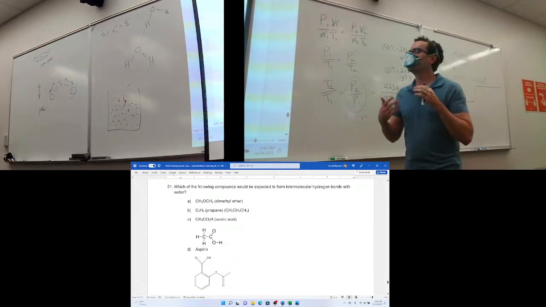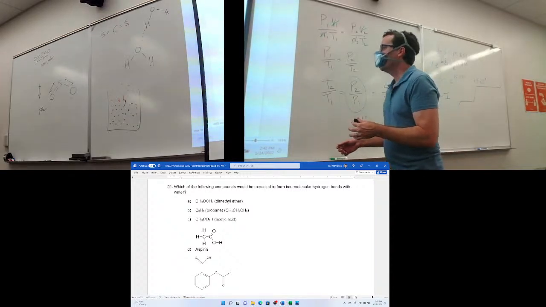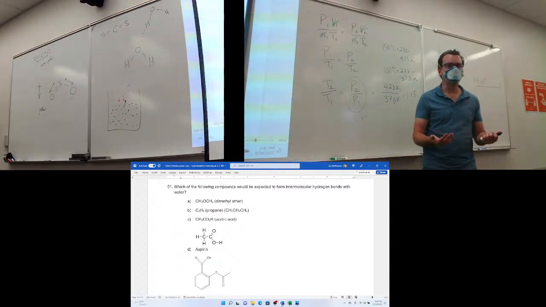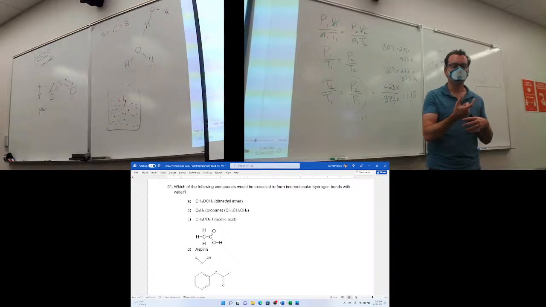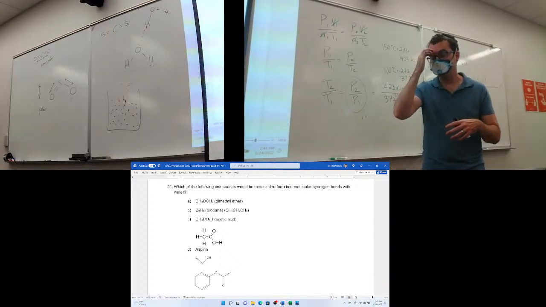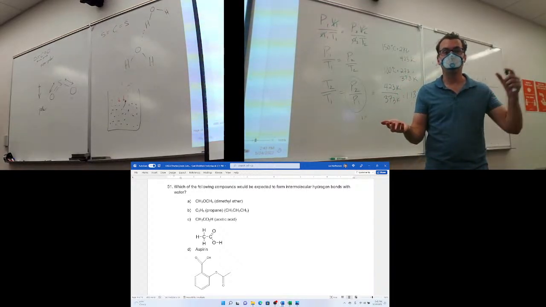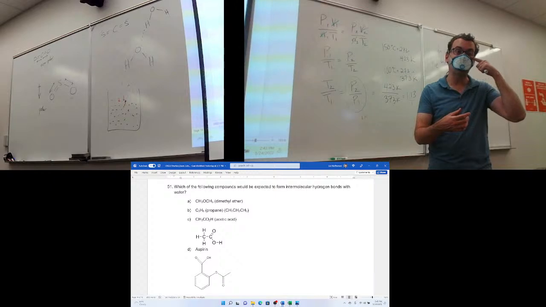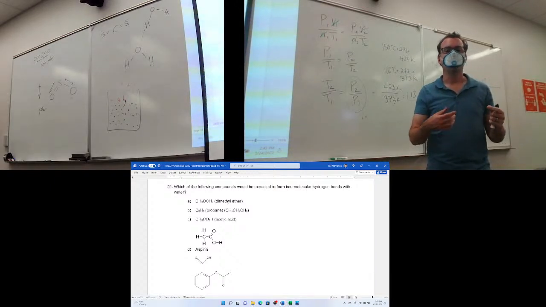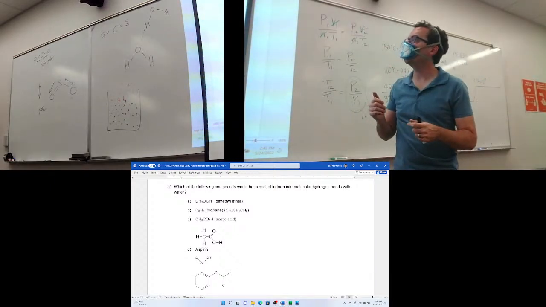And the reason for that is the water is the thing that is providing the hydrogen bonding. It's got the OH bonds in it that are very, very polar, and that is what is doing the main interaction. And it doesn't matter whether the other thing it's interacting with has hydrogen bonds or not. As long as the other thing has something it can interact with, then we would say that it can do hydrogen bonds with water.